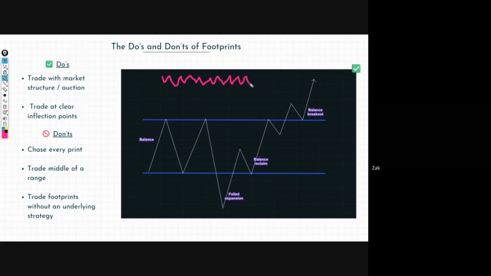You're just going to chop around, and then when you break out of the range, you're going to take all of this compression and spurt it out and expand away, or you fail to expand, which is a failed expansion, failed breakout, whatever you want to call it. And when that happens, you rotate to the other side.